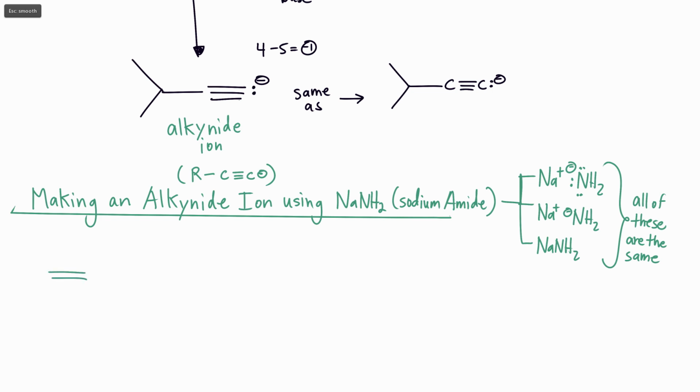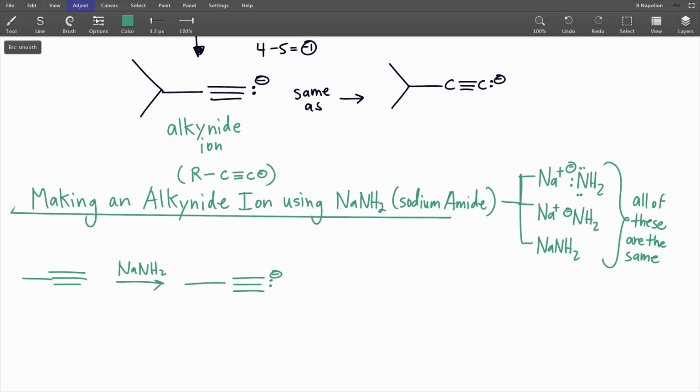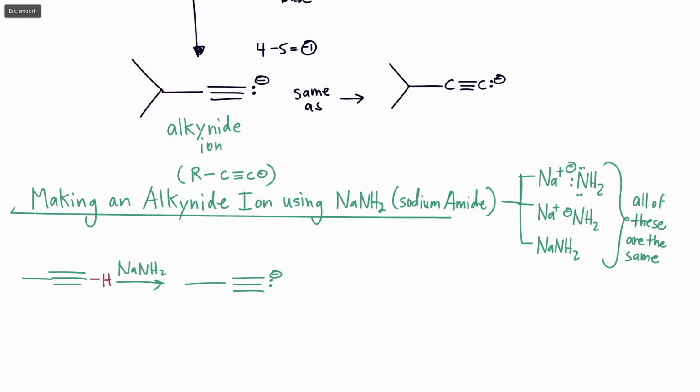So let's take this for example. Okay, so if I react that with NaNH2, that's going to give me this, and I would have a minus charge. So keep in mind that this was an H. Okay, this is CH3, carbon, carbon.